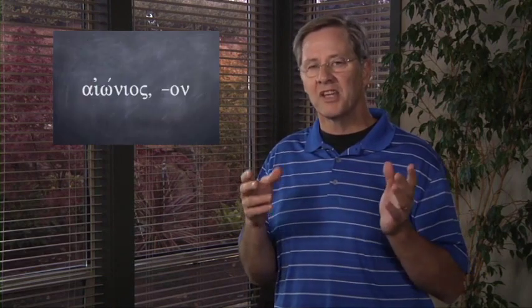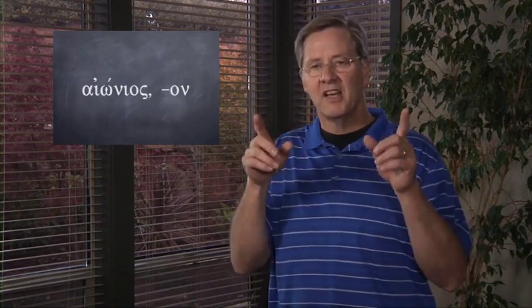Second odds and ends has to do with what are called two-two adjectives. When I showed you the agathos paradigm before, I said this is a 2-1-2. In other words, there are three distinct forms for masculine, feminine, and neuter. And in the case of agathos, the masculine follows second declension, the feminine follows first, and the neuter follows second. Okay. We're going to meet another kind of adjective in this chapter, and it's aionios. And when you look at it in the lexicon, it's going to say aionios, on.